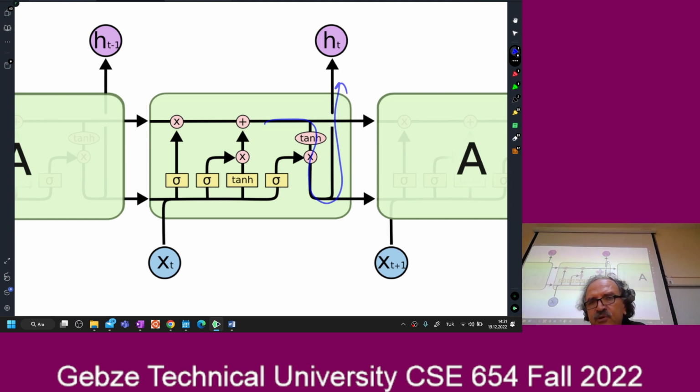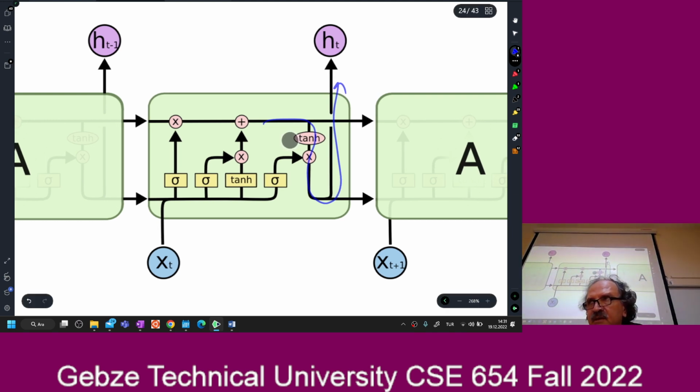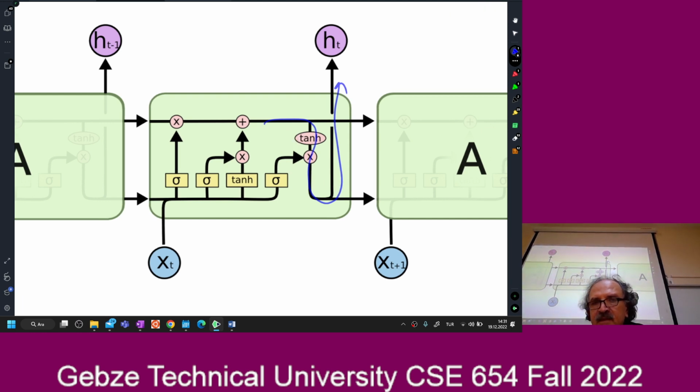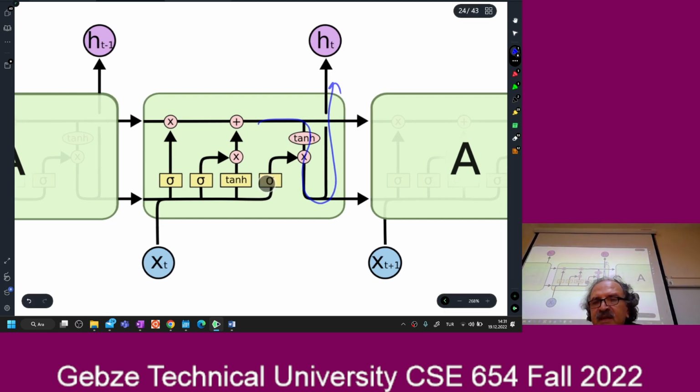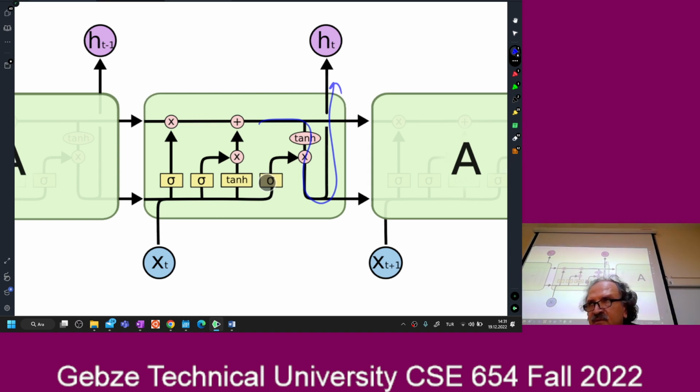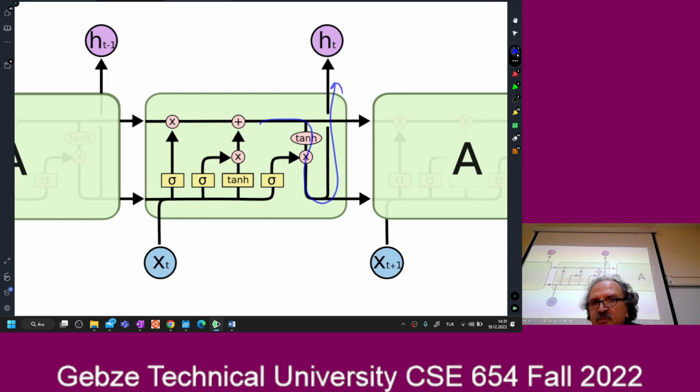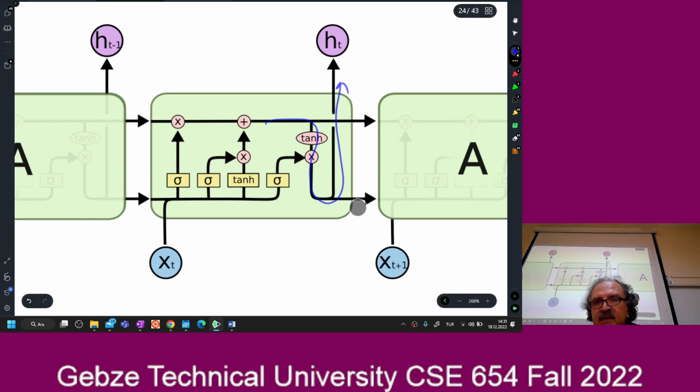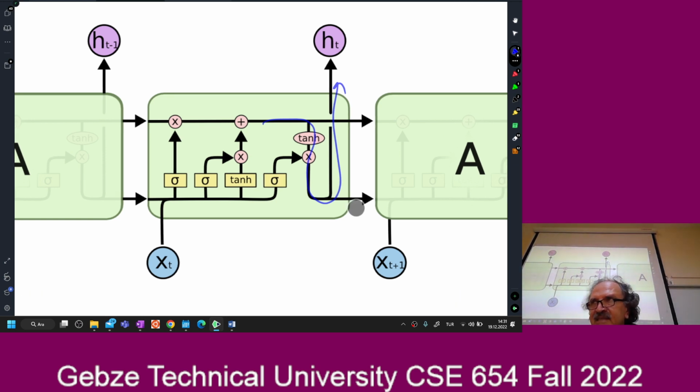So this one produces tanh. It is between -1 and +1, right? This one says that whatever you have produced before, I'm going to multiply them with between zeros and ones, right? That will be my output. Also, that will be my internal, my hidden cell state. Okay? So two things are going on.